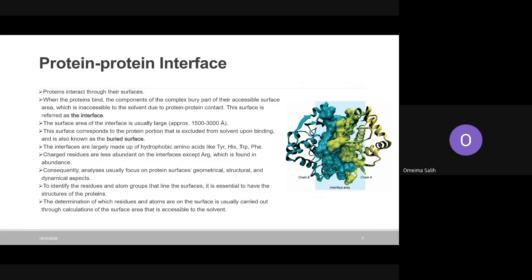And as we talked before about the different levels of structures of a protein, once it is synthesized, it has the primary level, the secondary level, which is the alpha helix and the beta sheets, and the tertiary structure, the quaternary structure. The quaternary structure represents what we are talking about today, the protein-protein interface.